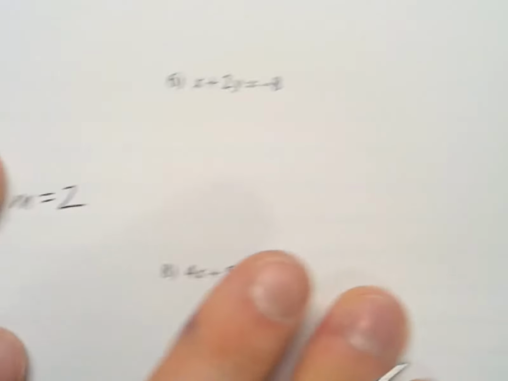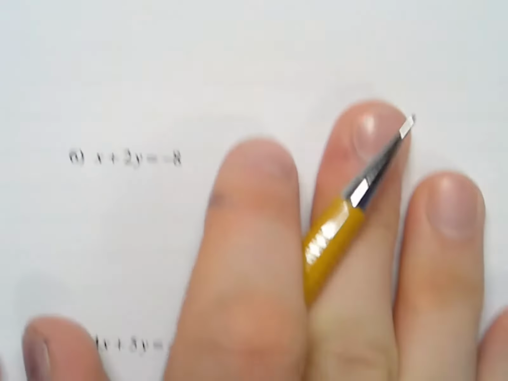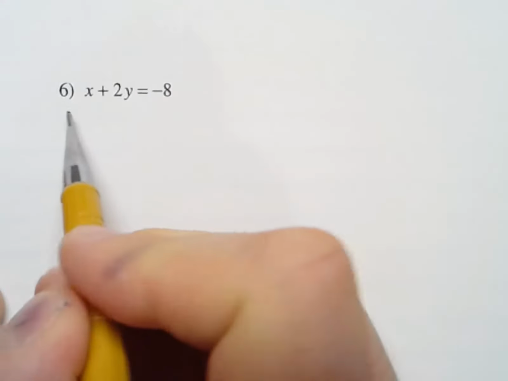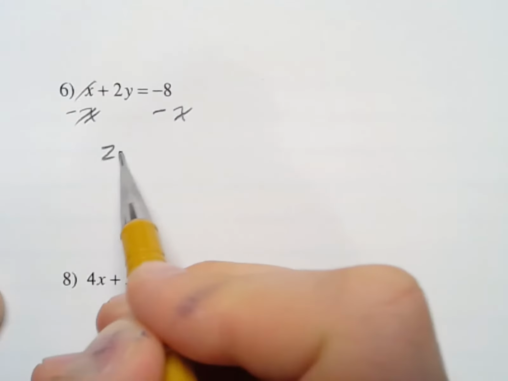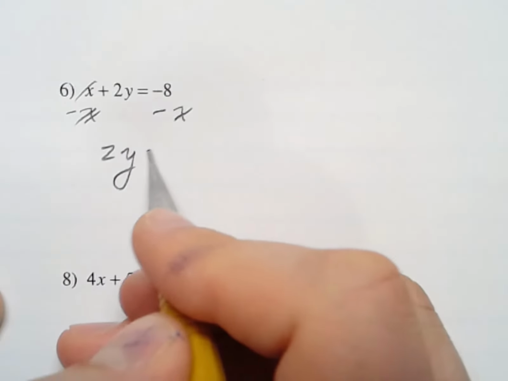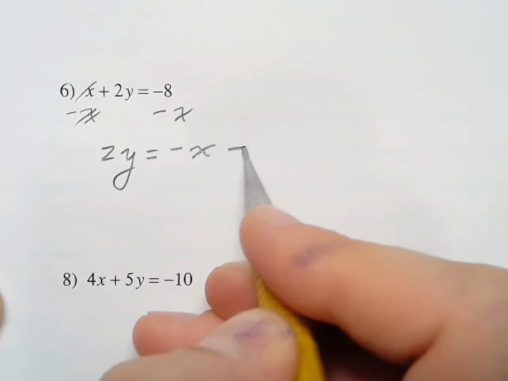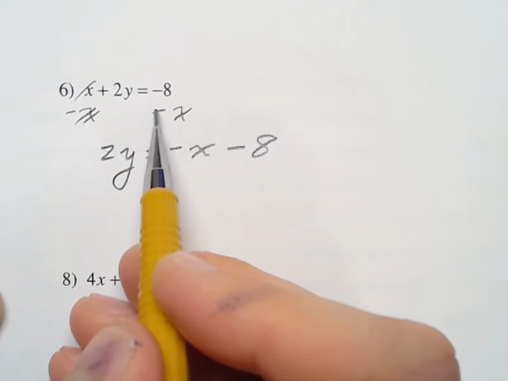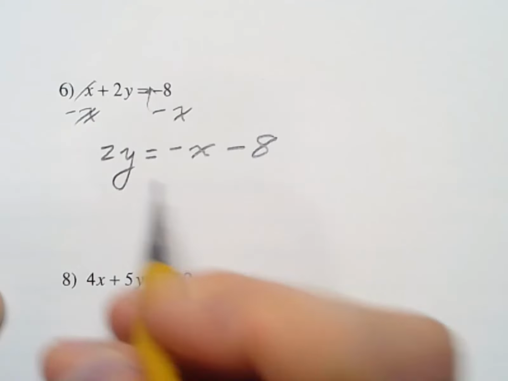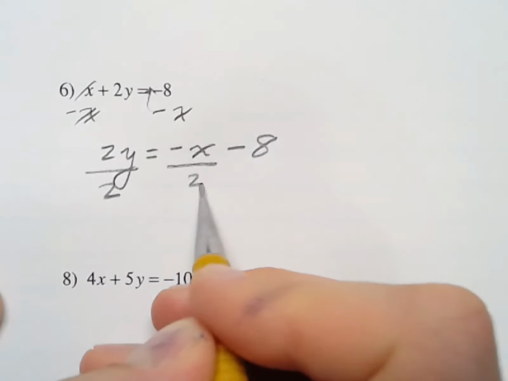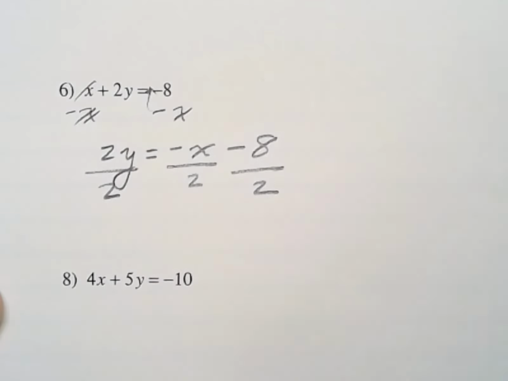What about this? We're going to subtract an x, so those go away, and we're left with 2y equals negative x minus 8. Again, I'm just putting the x in there first, because I like having the x first. And I need to divide by 2 and divide by 2 on all this.